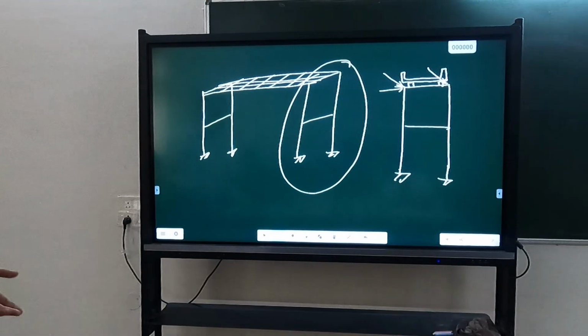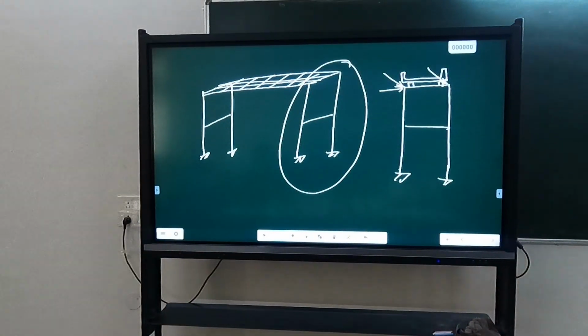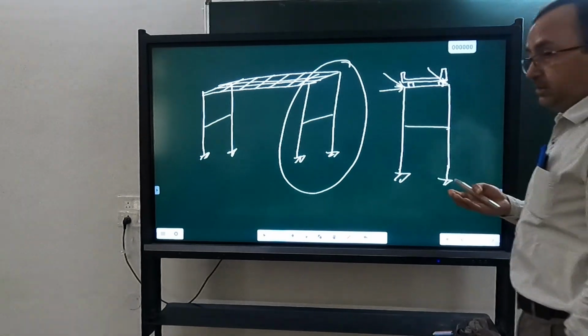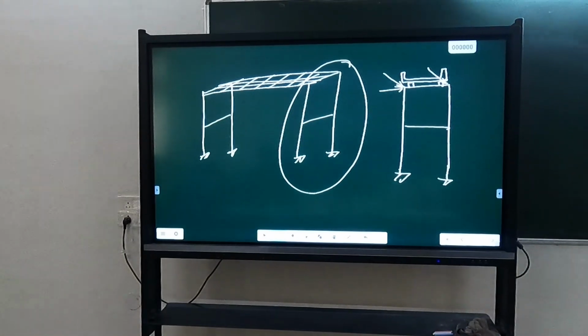Generally of the order of 1.5 to 3, that is the order. In case of buildings, what is the order of response reduction factor? 3, 4, 5 and 8. If you look at IS 1893, it allows the response reduction factor of 5 for SMRF.